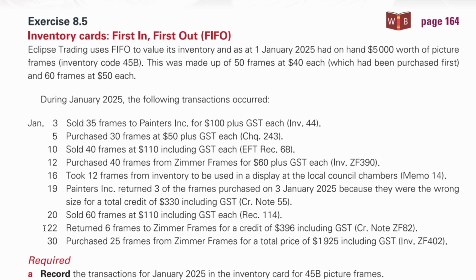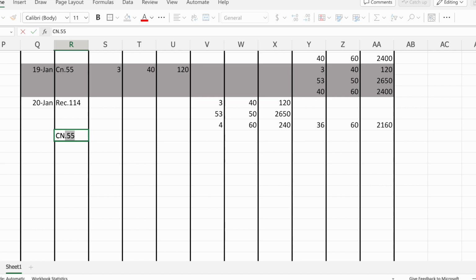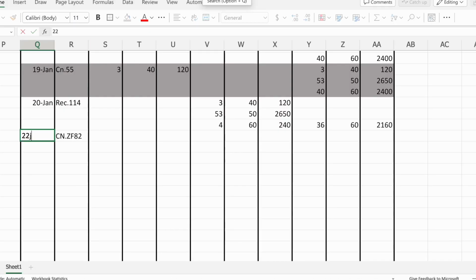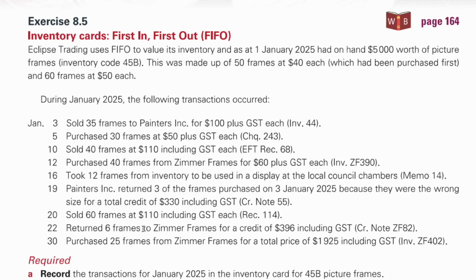So on the 22nd of Jan, we'll have the credit note ZF82, CN ZF82. Now on the 22nd of January, they returned 6 to Zimmer Frames.